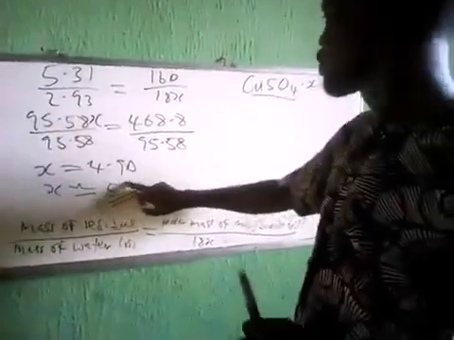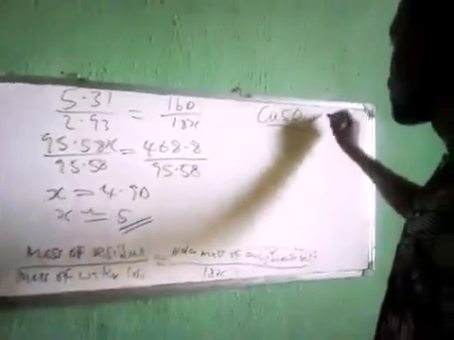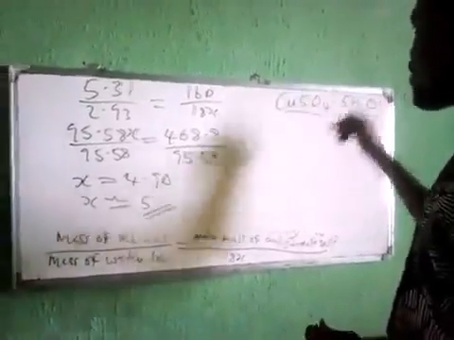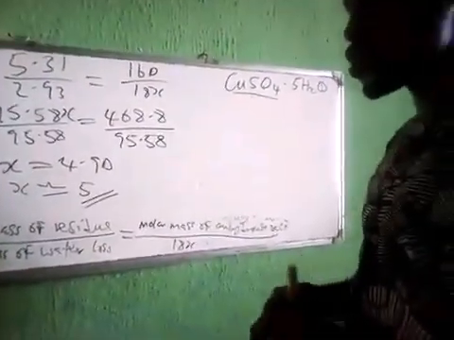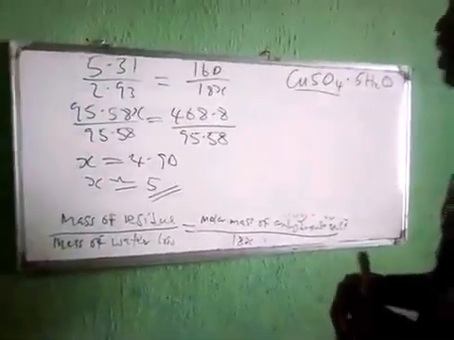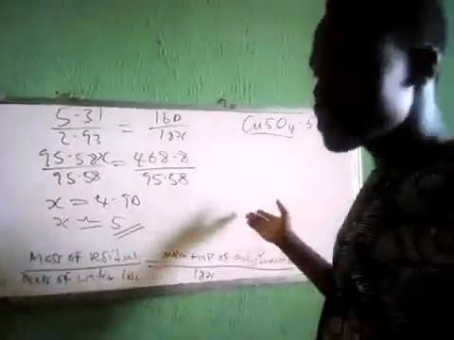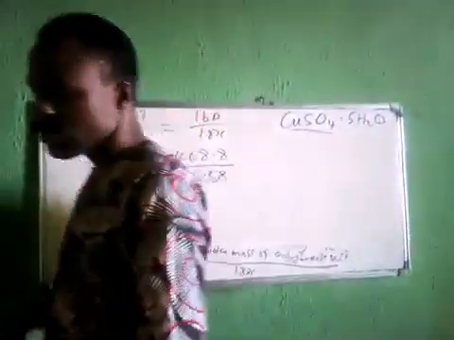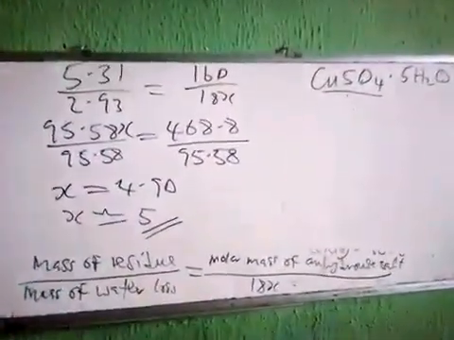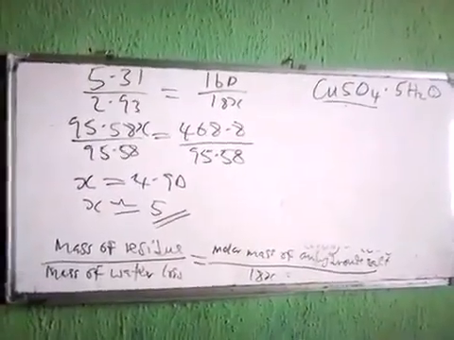What it means here is that this compound contains 5 molecules of water, which was the amount of water lost. So you can be told to solve for any problem. Just apply the formula and you get your answer quickly.